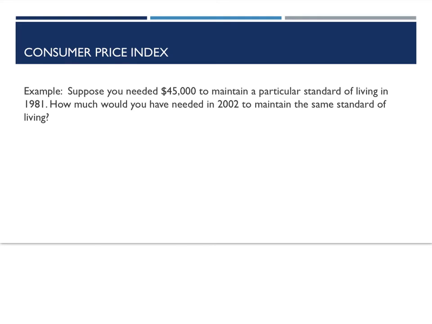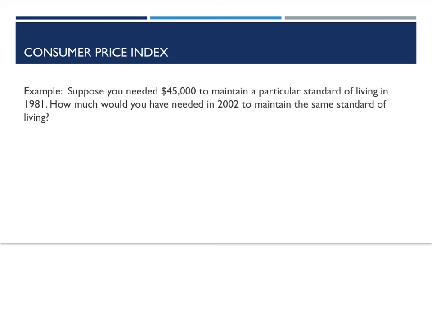The Consumer Price Index we're going to use is the CPI-U. I have given you a copy, or you could find one online. We use the Consumer Price Index the same way we use the other index, except we'll never be computing an index number for the Consumer Price Index, because we would have to average the cost of 60,000 different goods and services, not just gas.